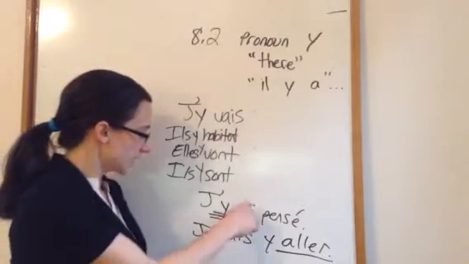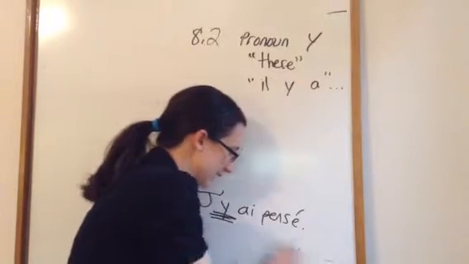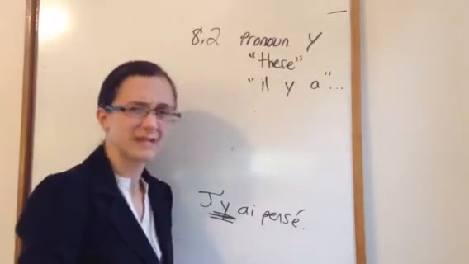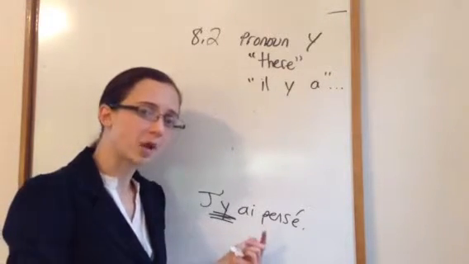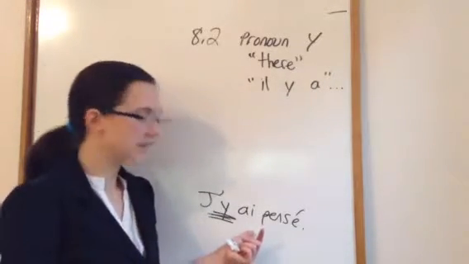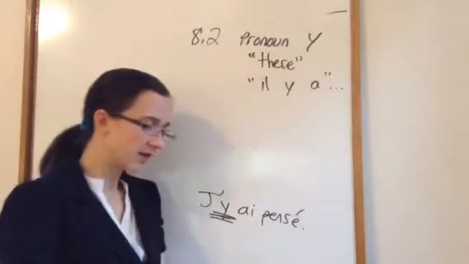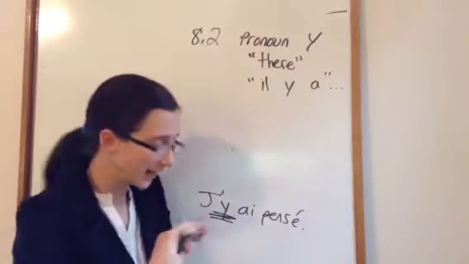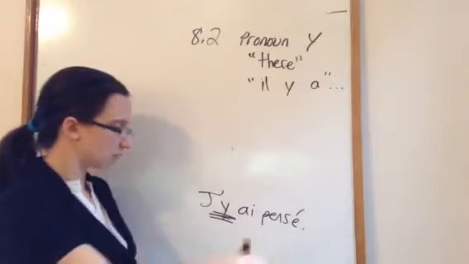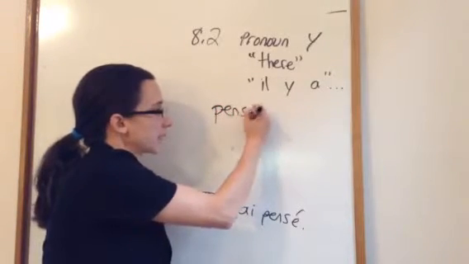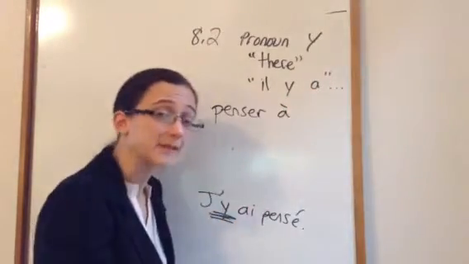Now, what you see here is "to think." That may have seemed a little funny to you, because it's not thinking about a place. We're not going to a place that we're thinking about. We can use y to talk about an idea or thing, not a person, with certain verbs. Like to think about, penser à. See how we still have à, that preposition "to."